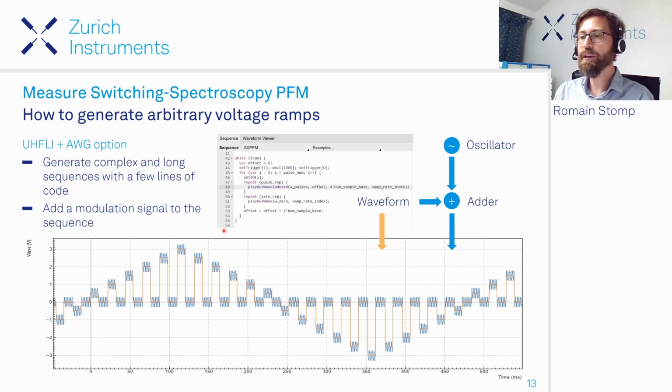So you can have very deterministic control of all the timing happening, and then you can even play some logic. You can set some trigger within the AWG to synchronize other parts of the Lab1 environment. And then, of course, here, for instance, you can play directly on the aux output or on the signal output.